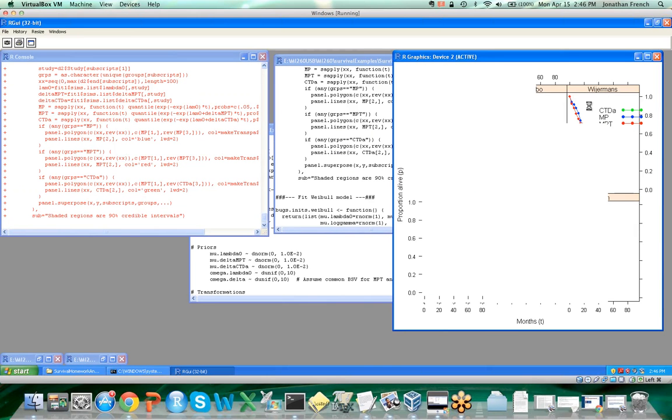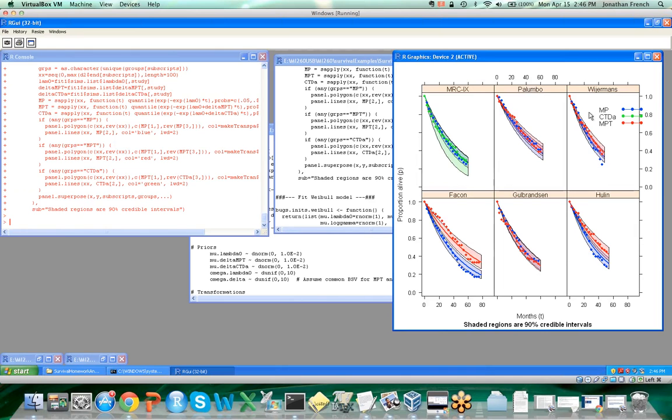What we're plotting here is a similar kind of plot to the one that we had in the notes previously, where we're overlaying some 90% credible intervals, shaded regions, over the model fits and the data. Not surprisingly, in this study that has CTDA, because there was a large amount of uncertainty about the effect of CTDA, the credible interval around the predicted survival curve is fairly large.